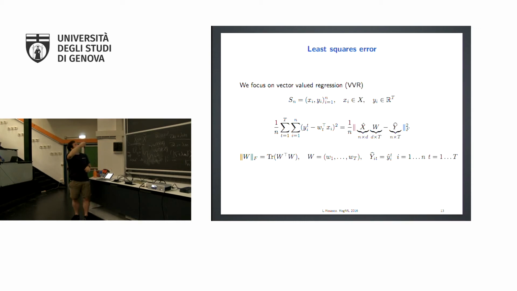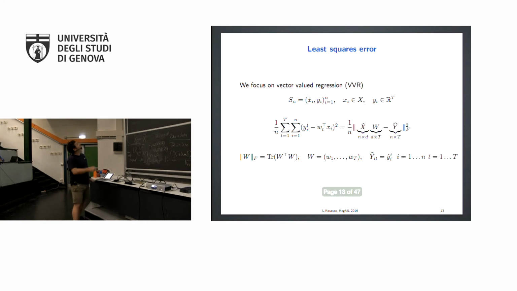It's defined, given a matrix W, as the trace of W transpose W, and you can check that if you expand this expression, you get exactly that. So this part is not so important, we're just going to use this compact notation, Xw minus Y. Just remember that now we have matrices rather than vectors, and the norm is a bit more complicated.